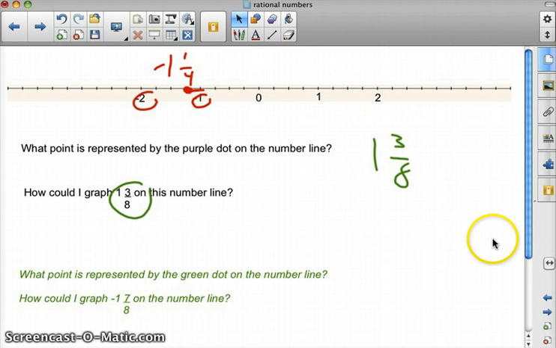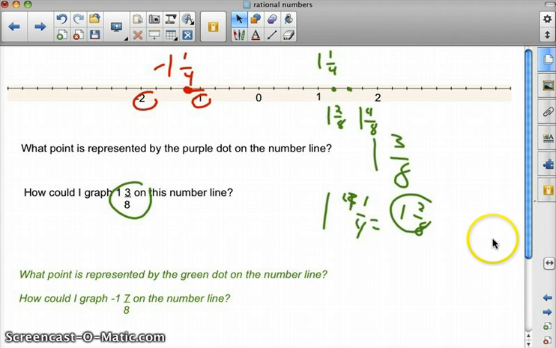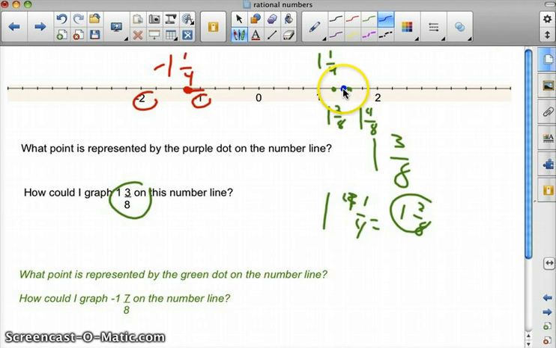So if this is 1 and 1/4, I'm going to write an equivalent fraction. 1 and 1/4 is equal to 1 and 2/8. So this point right here is 1 and 2/8. That's 1 and 4/8. So if I wanted to graph 1 and 3/8, it's going to be right between 1 and 2/8 and 1 and 4/8.